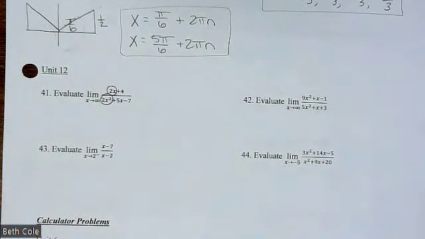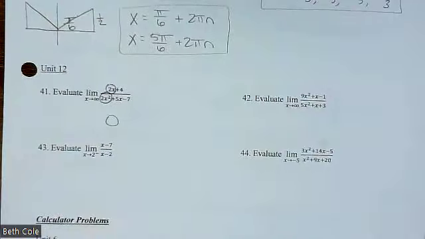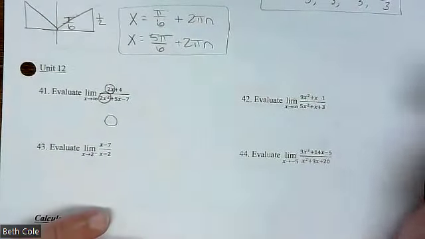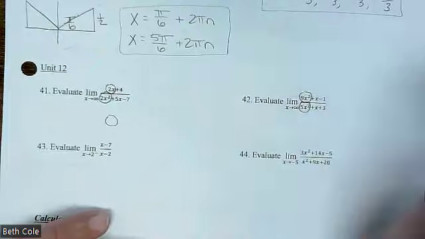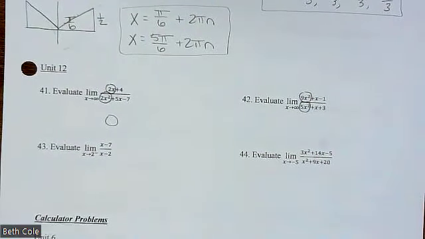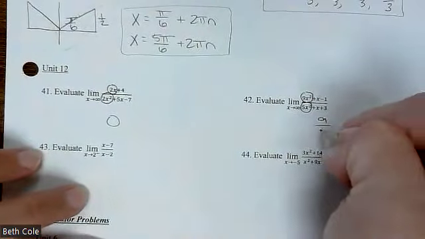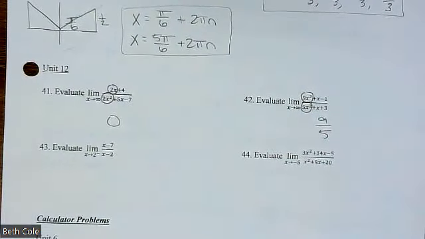So the numerator power is smaller than the denominator. So what is that going to come out to? Just 0. Perfect. And then same thing for this one. You've got 9x squared and 5x squared. Now when it's a tie, coefficients, so 9/5. So that's how the infinity ones work.